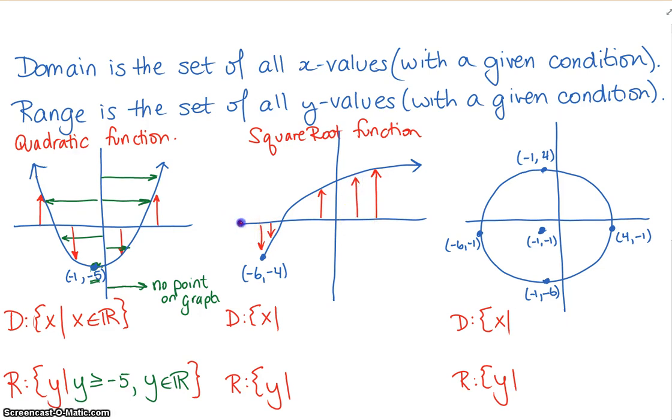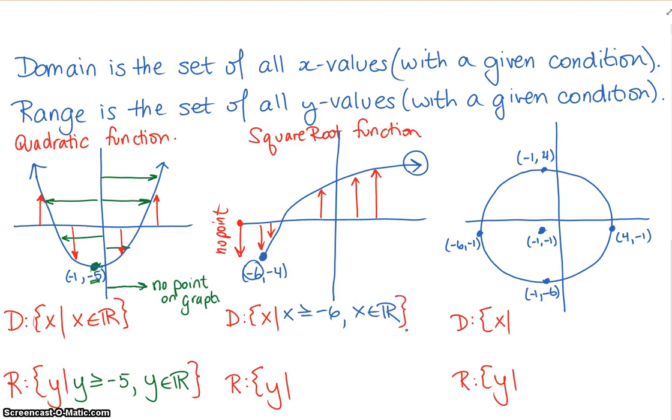Although over here, there is nothing that it's going to map onto. The main difference with this graph is that it has a dot here, which means that it's not continuing on in a pattern, whereas here it has an arrow, which means the pattern is going to be continuing forward. So our domain is going to be restricted by the fact that at -6 there's nothing below it. So then x has to be greater than or equal to -6, and again you can have fractions, decimals, any integer, positive or negative, so x is an element of the real numbers.